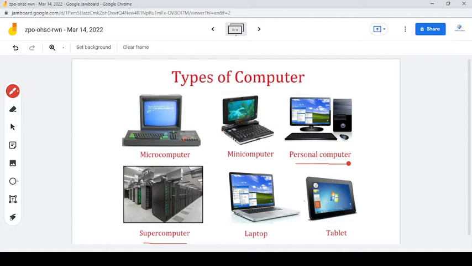It is suitable for only a single user because it has one microprocessor, and the amount of storage and the speed can be employed only by a single user at a given time. Then moving on to the laptops and the tablets. These are portable devices and are used by only a single user again.